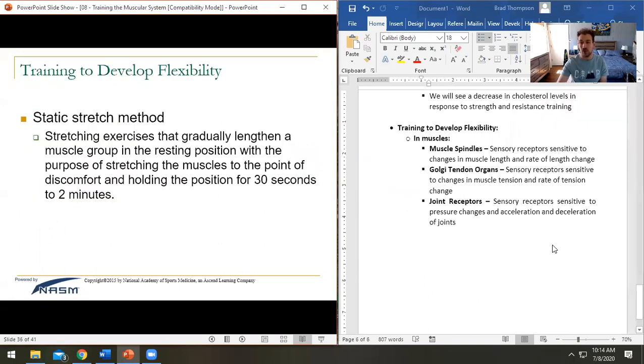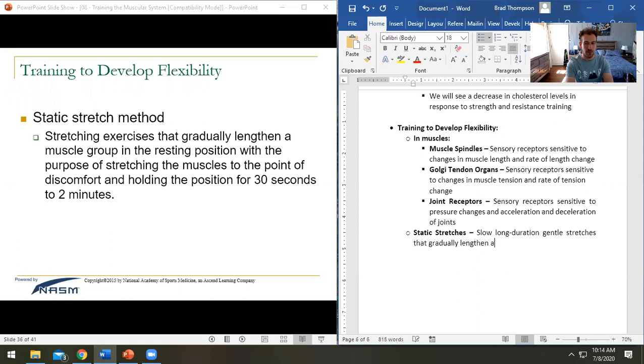And so we have a couple different ways that we train for flexibility, right? We have static stretches, which are some of our most common versions. This is what people tend to think of when they think of stretches, but these are slow, long duration, gentle stretches that gradually lengthen a muscle in a resting position and are held for 30 seconds up to 2 minutes.